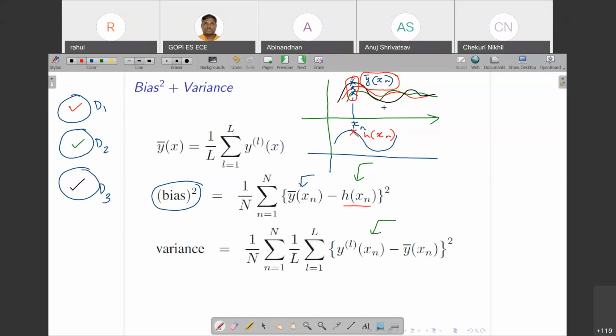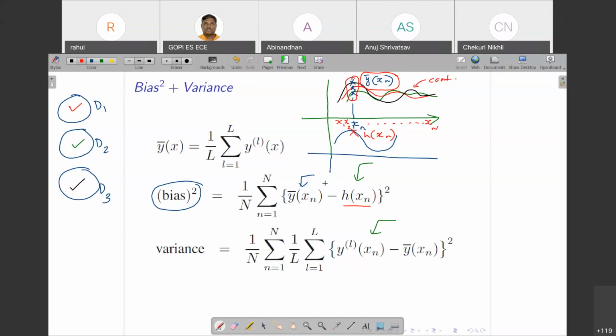of n. In fact, even though whatever I am drawing here is continuous, this is the continuous plot, actually in this job we are going to do it in a discrete form. The moment you use a computer, it is going to be discrete, so you have some finite number of points, that is xn here.